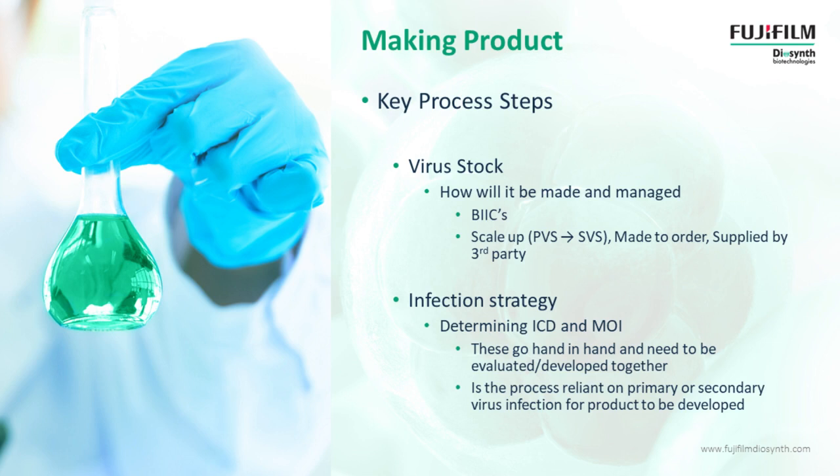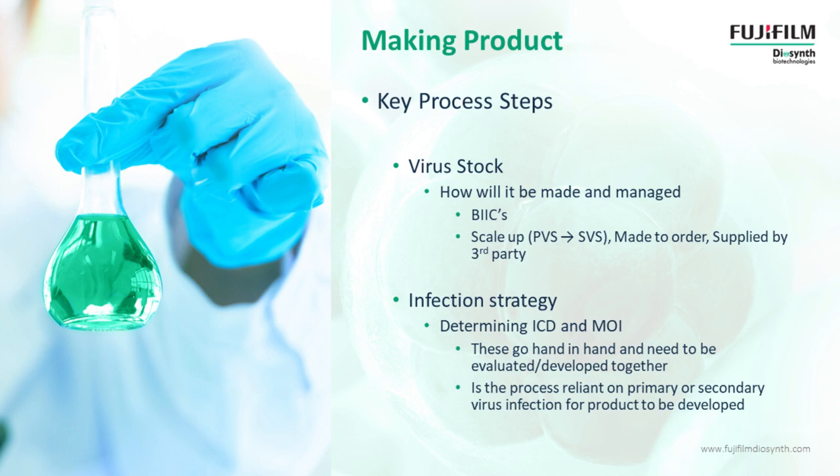For your infection strategy, you have to determine your infection cell density as well as the MOI, which is how many viral particles per cell you will get into your process. A lot of times the development of these go hand in hand. They need to be evaluated and developed together, and that can sometimes lead to a significant amount of work.